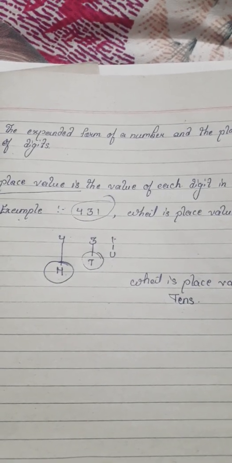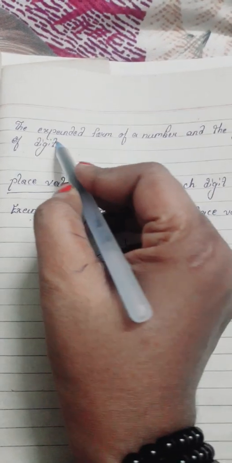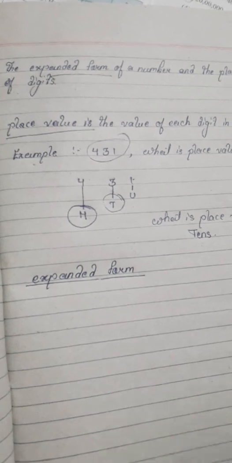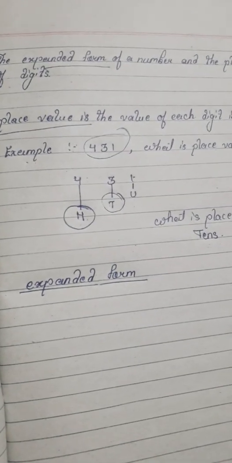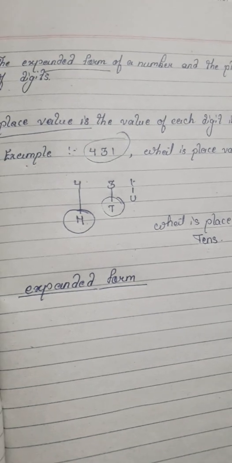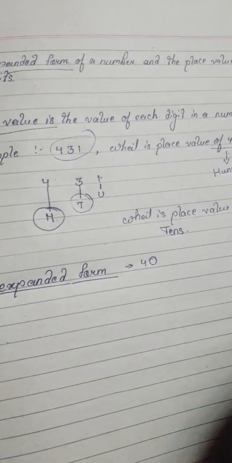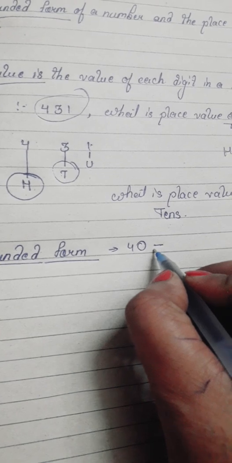Now we'll move to our next topic, which is expanded form. Now we'll see what is meant by expanded form. In the word itself it says that expanded form means to expand anything.